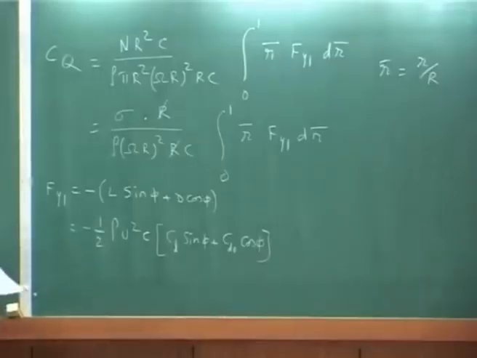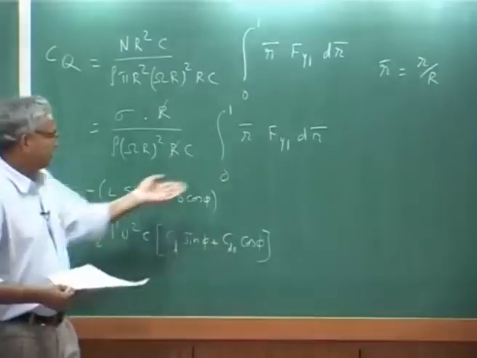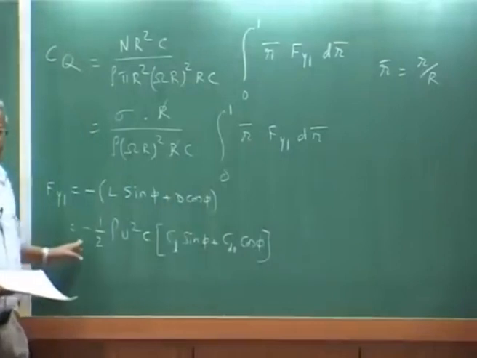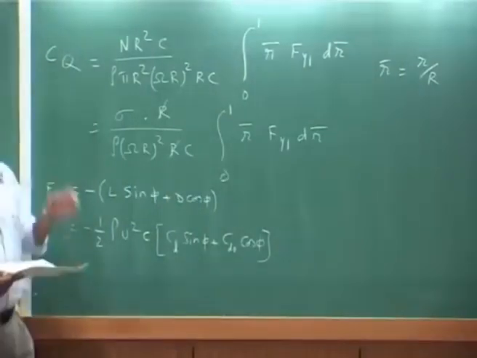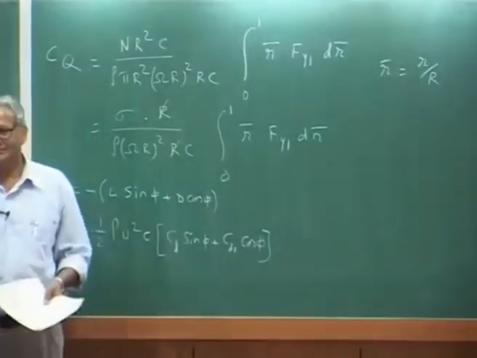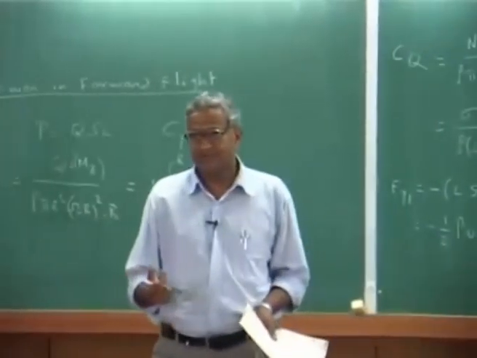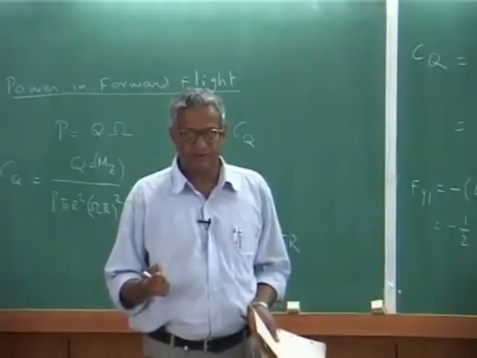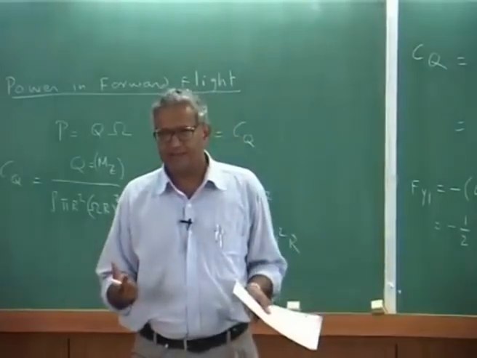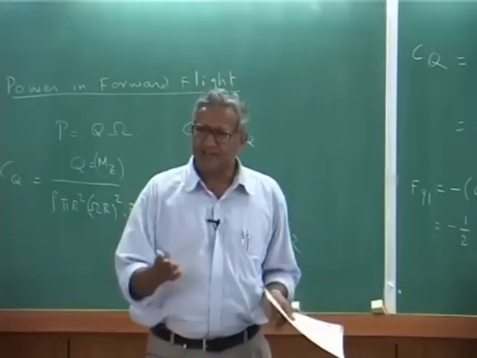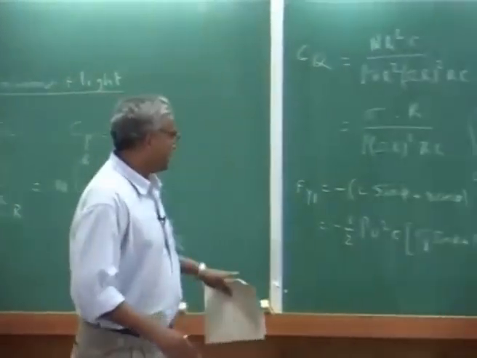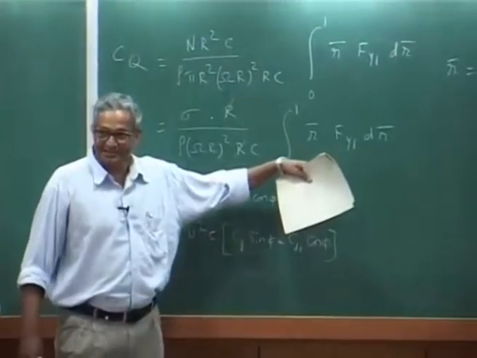But what we will do is, we will substitute this term directly here, but the minus sign essentially represents that the torque is in the clockwise direction. Okay. So, since we are calculating power, it does not matter the sign, we will throw it away.